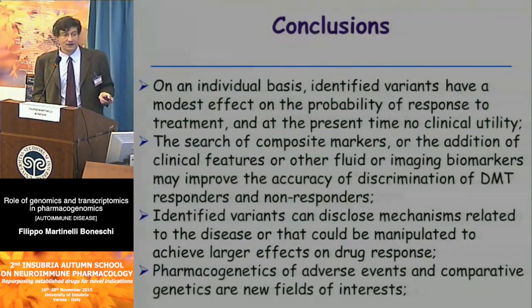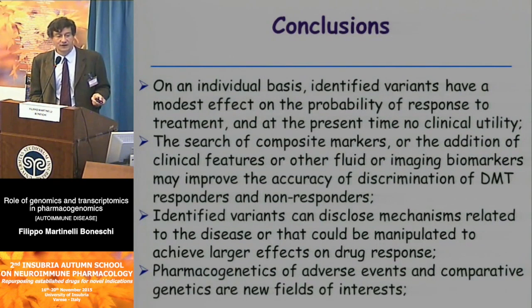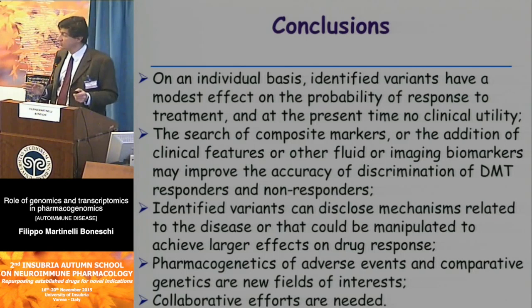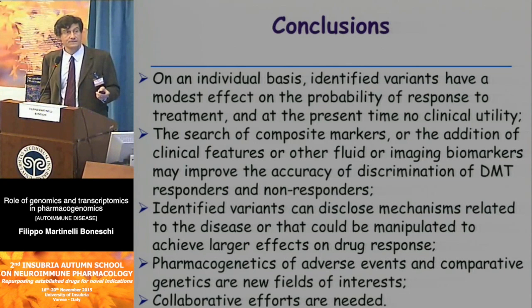And as I mentioned before, pharmacogenetics of adverse events and comparative pharmacogenetics are new fields of interest. And of course, the most important part, collaborative efforts are needed among clinical groups, but also between scientists having different expertise. I think this is really crucial, to collaborate in a fair way and to expand the field further.